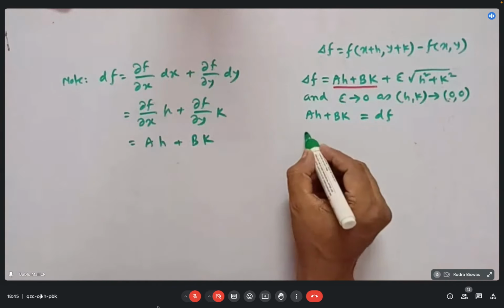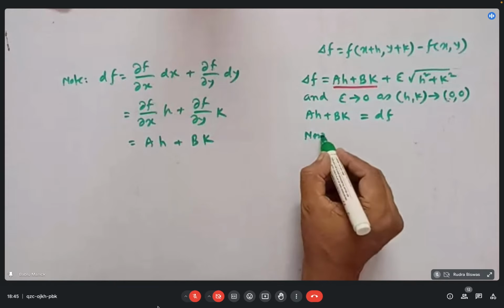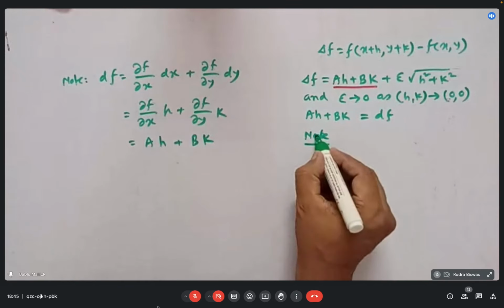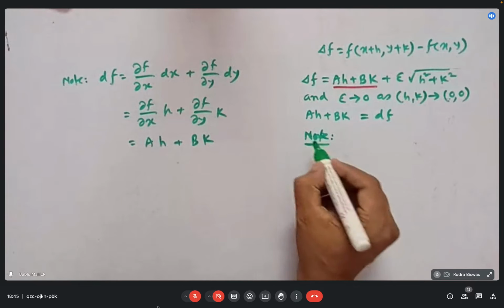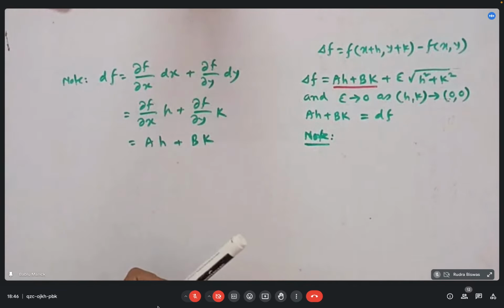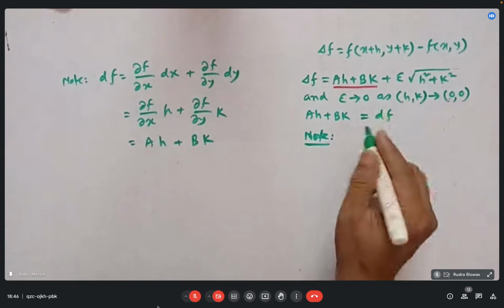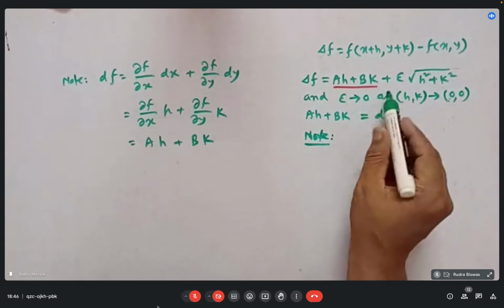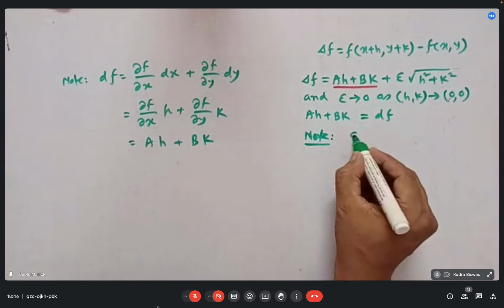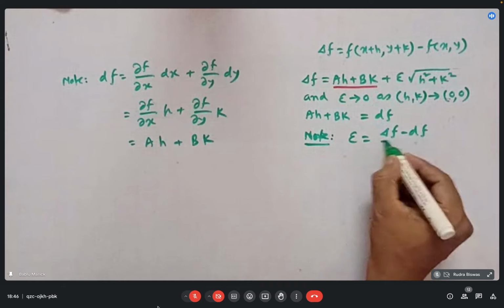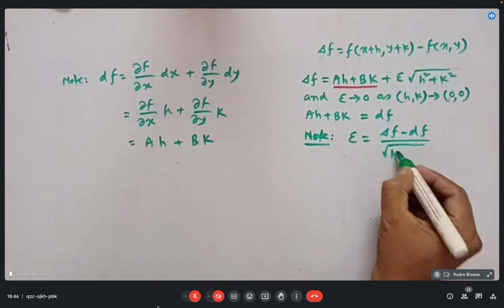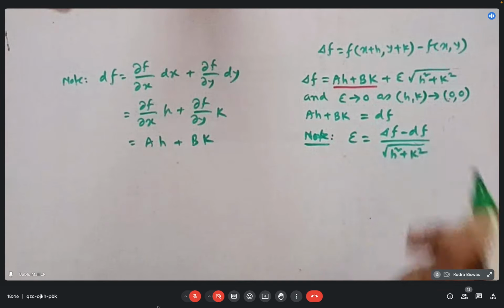So we can write a note here. It is differentiable when, what is the value of epsilon here? Epsilon is equal to (delta f minus df) divided by root under h square plus k square.